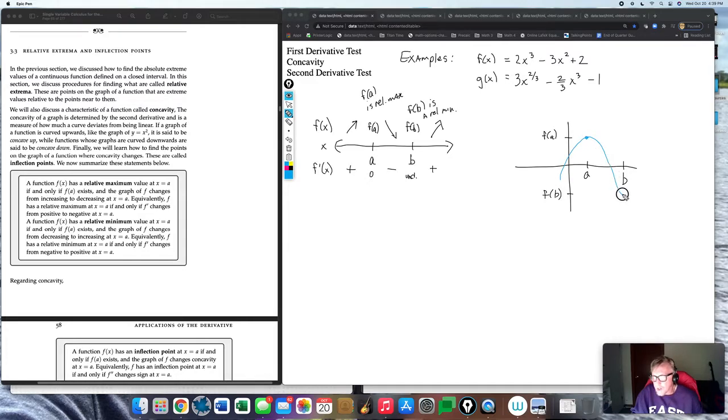I want to get to that point right there, f of b, and then maybe it's increasing again. So we have a sharp point here, so the derivative's undefined, but we still have a relative minimum, right? So this is a relative minimum value, and this is a relative maximum value. And it's not the absolute, because there's definitely smaller values here, and there may be bigger values here, but relative to the neighborhood around that point, this is the highest point in the neighborhood, this is the lowest point in the neighborhood. Okay, so that's kind of what's going on.